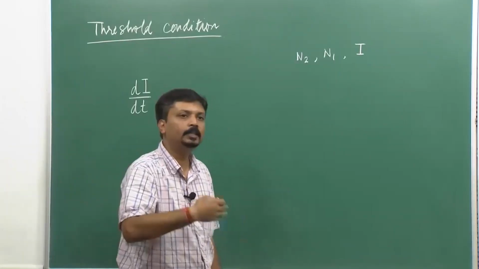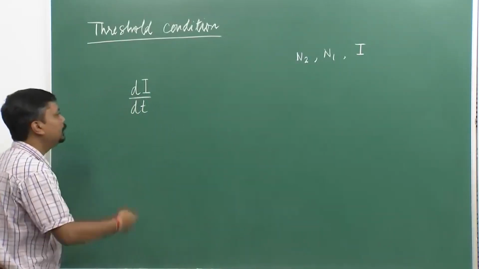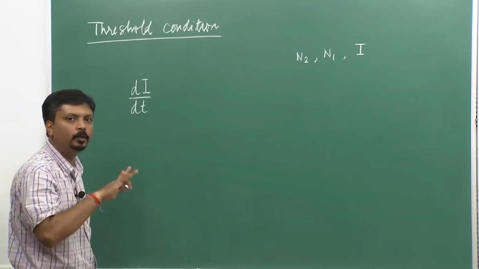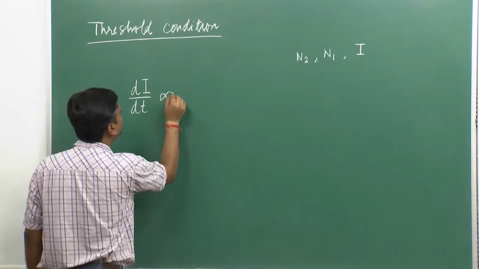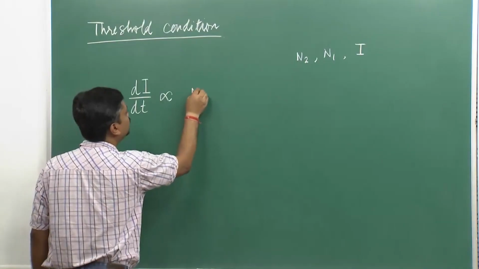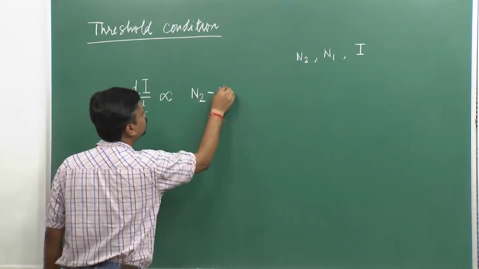So, it signifies that there is an increase. In case of a decay, we write it as negative. So, this is proportional to the population difference.